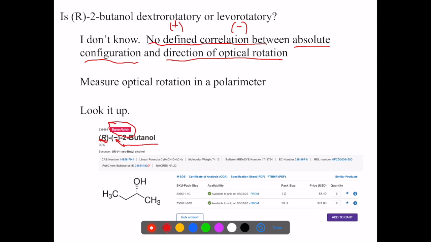So for 2-butanol, the R enantiomer happens to be levorotatory and the S is dextrorotatory. But for another compound, it may be the opposite. Maybe R is dextrorotatory. So there is no direct correlation that you can memorize between these two designations.